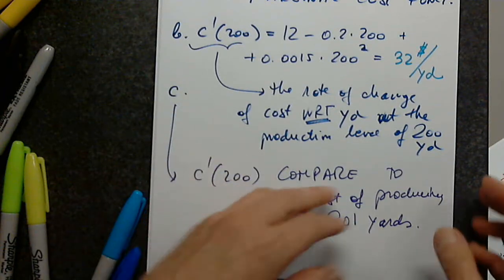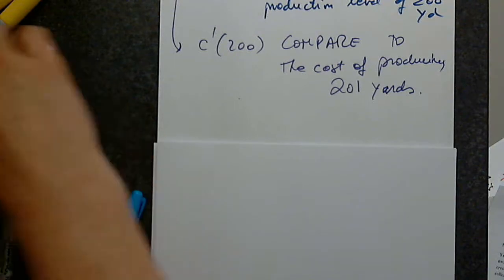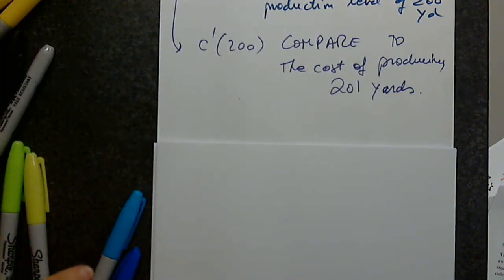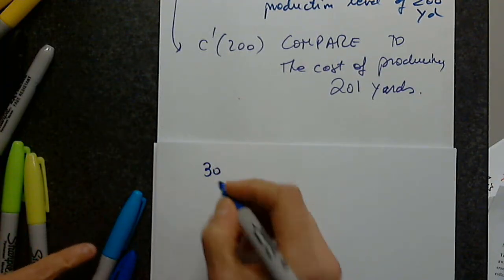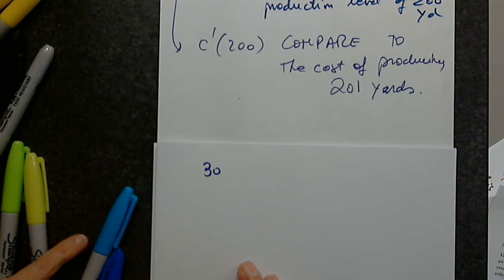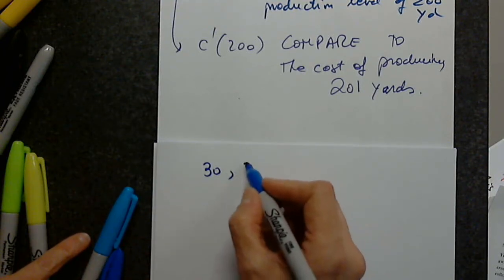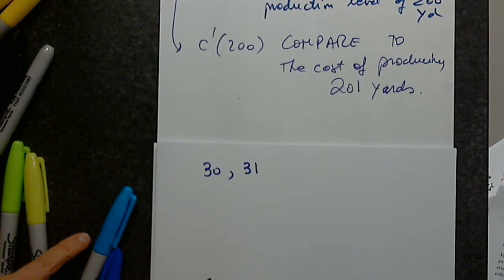Forget about C prime for a second. Let's suppose we have a production of 30 yards, and we would like to increase it to 31. I would like to see how much it costs to do that.